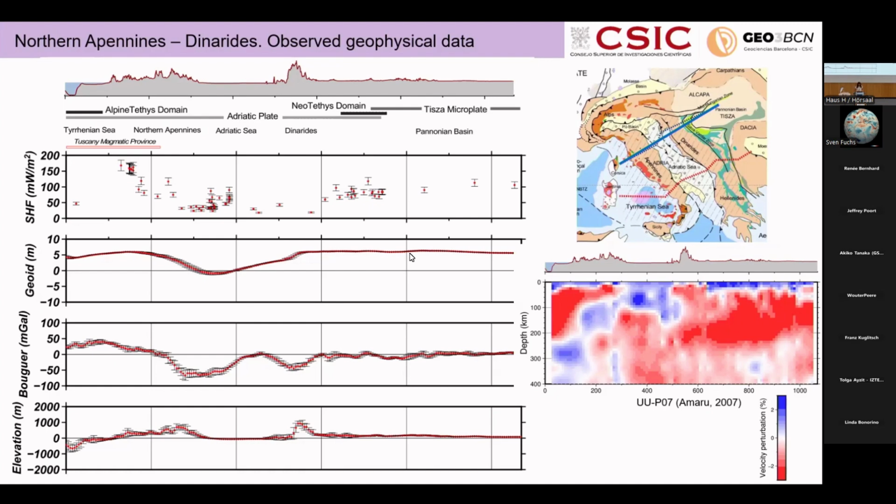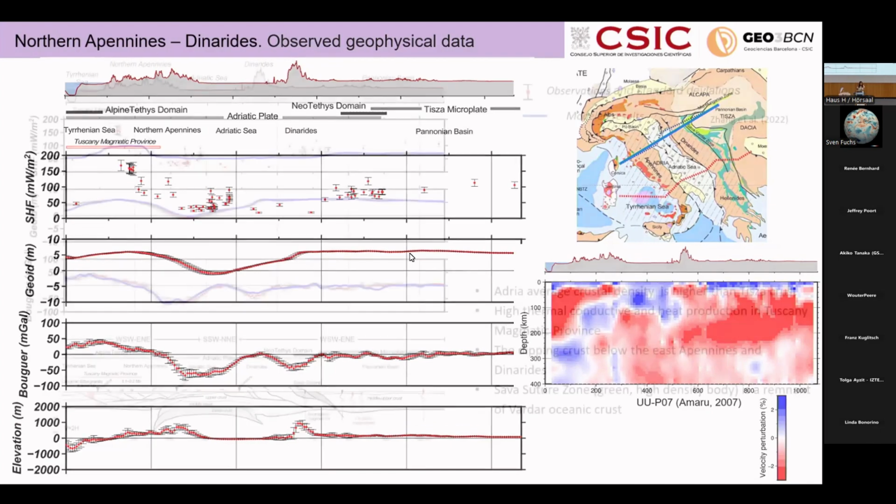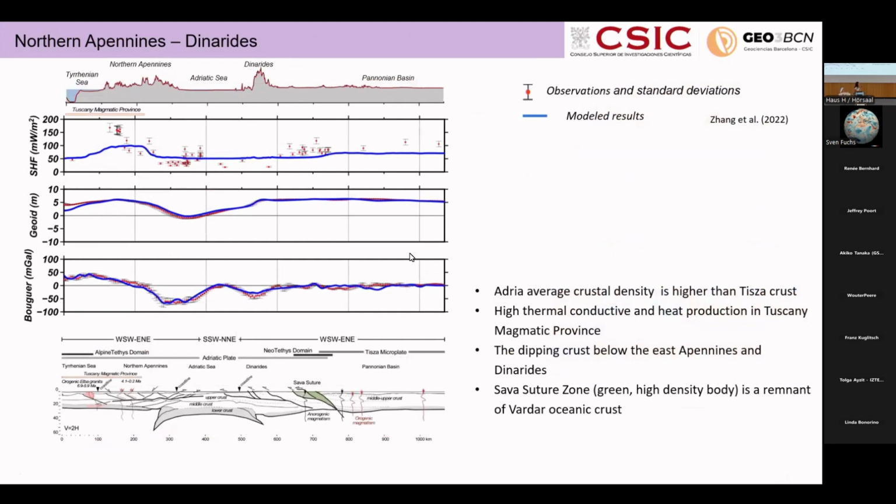Then taking into account this data, collecting all the information that you can get at crustal levels, like geological cross-sections, geophysical data, seismic profiles, receiver functions, putting all together and changing the crust within the uncertainties, this is the crustal cross-section resulting from the model.